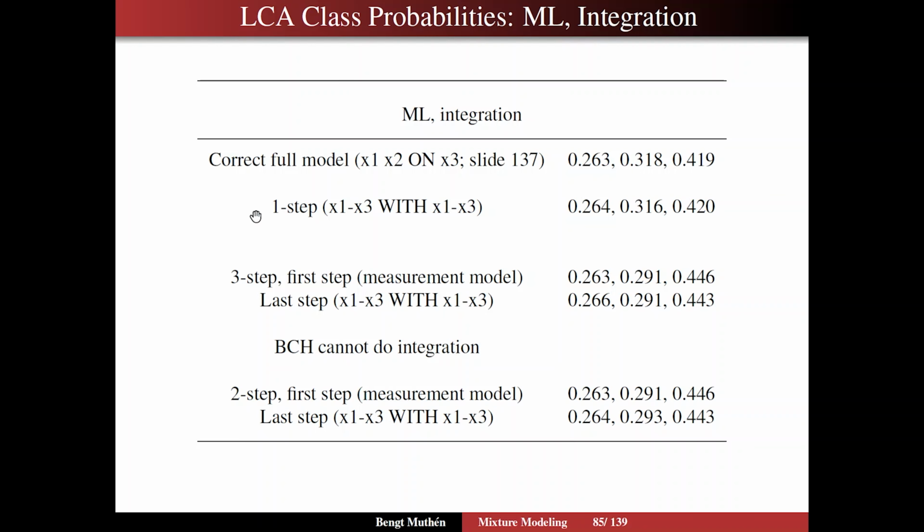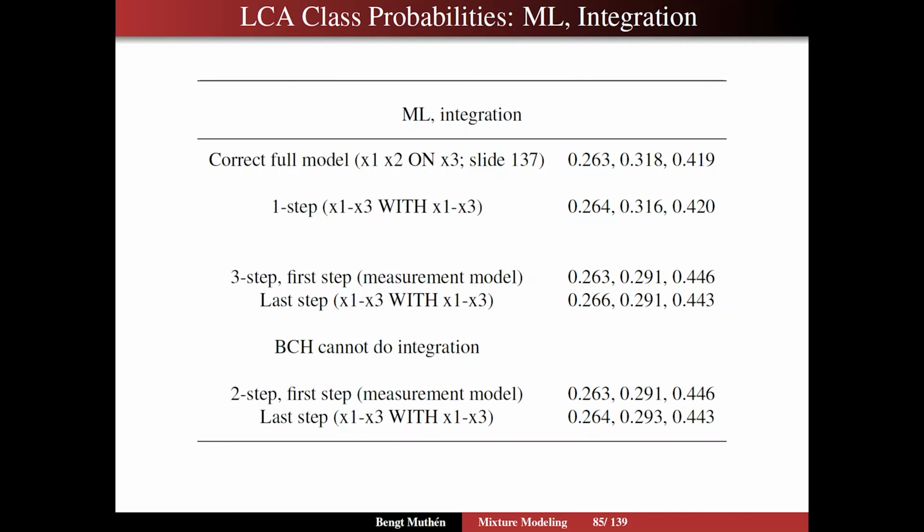Turning to the one-step approach, we act as we would when we don't know the missing data mechanism, and we simply covary the x's with each other like this. And we get these class probabilities, and we see that there is a slight difference here and here, but not very much. So we can consider the one-step model to be the correct model here.